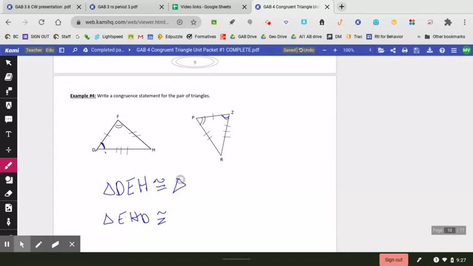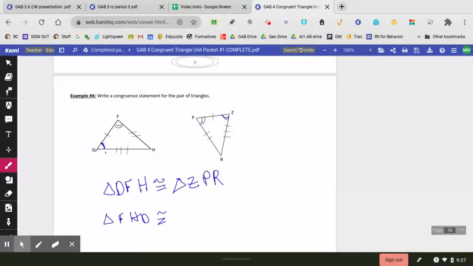So that's triangle Z, E, or I'm sorry, that's not an E, that's an F. I looked at the label wrong. DFH. So F has two arcs, so F goes with P. And H has none, R has none, so those two go together.